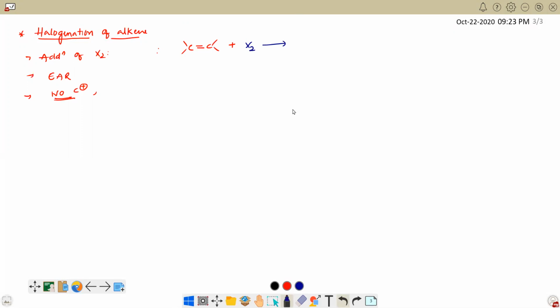The product will always be anti. So this compound is said to be a vicinal dihalide, a dihalo compound.